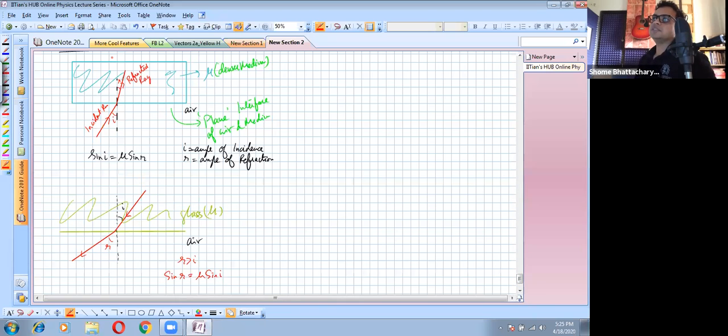So now I'm reversing the role played by the rays. The reflected ray over there is now becoming the incident ray over here, and the incident ray over there is becoming the refracted ray, or the transmitted ray. So this is okay.